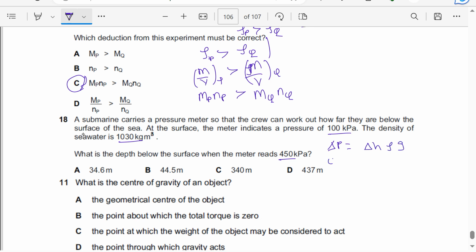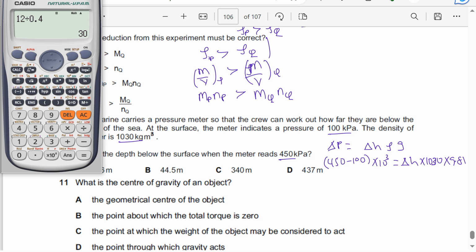So the difference in pressure is going to be 450 minus 100. Of course, this is kilo, so I'll say times 10 power 3, should be equal to the difference in depth times the density, which is 1030, times G, which is 9.81. So we have 450 minus 100, I think that is 350, times 10 to the power 3.